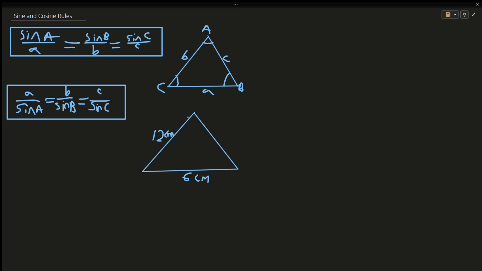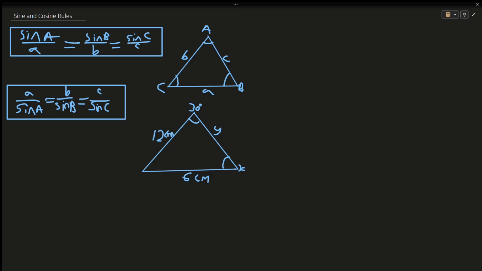This angle is 30 degrees. We don't know what this angle is, so let's call it X. And we don't know what this side is, so we call it Y.